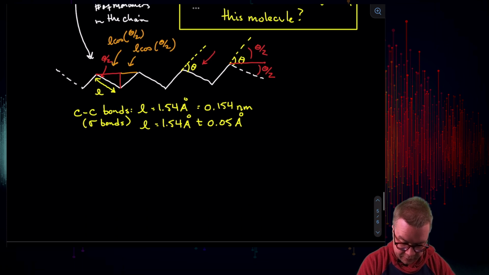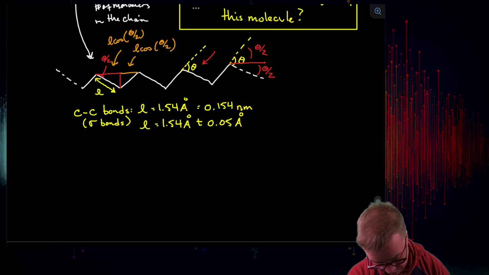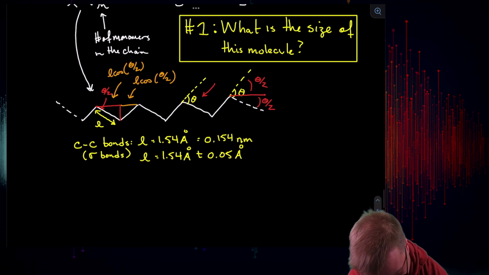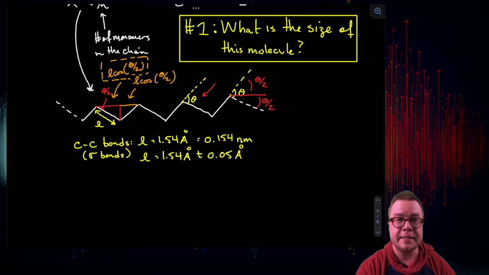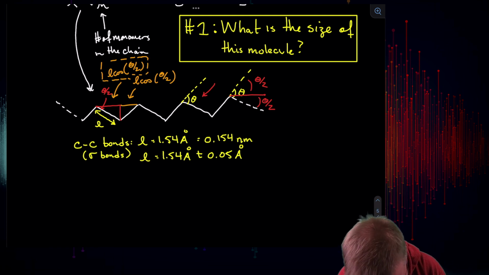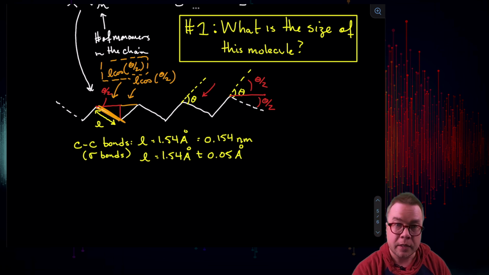And you can see that there's exactly one appearance of L cosine theta over 2 for every CH2-CH2 bond, right? So for every one of these bonds.